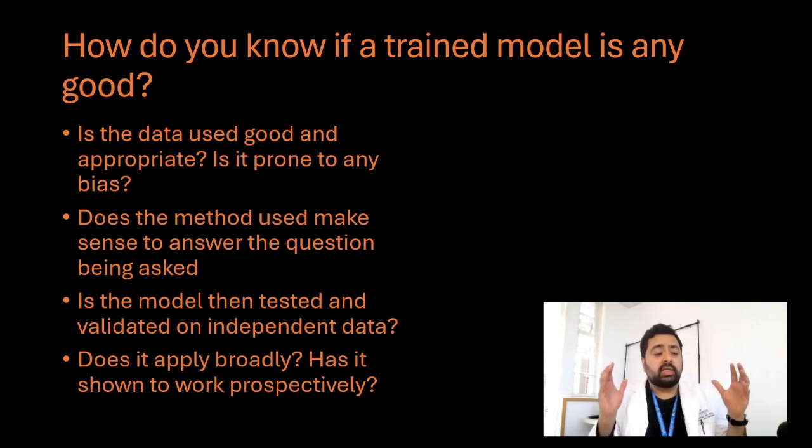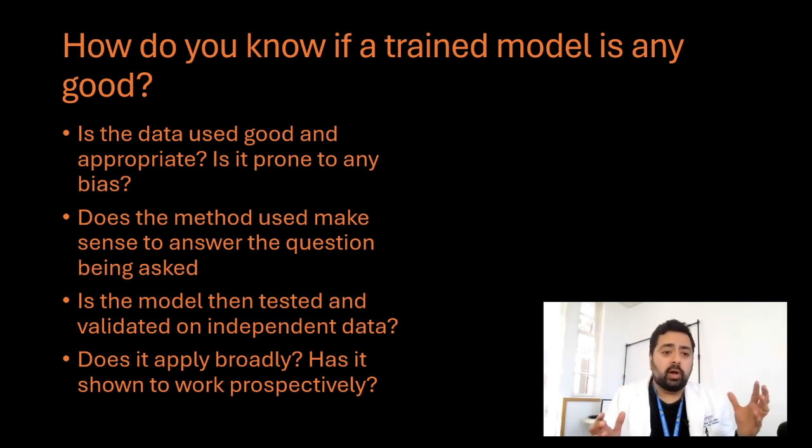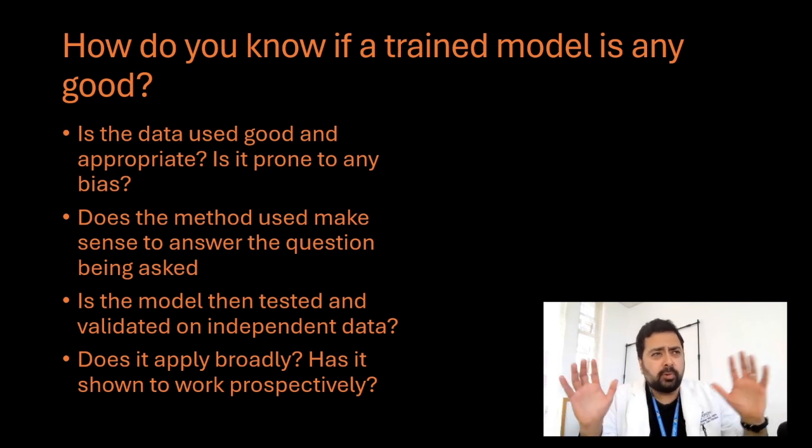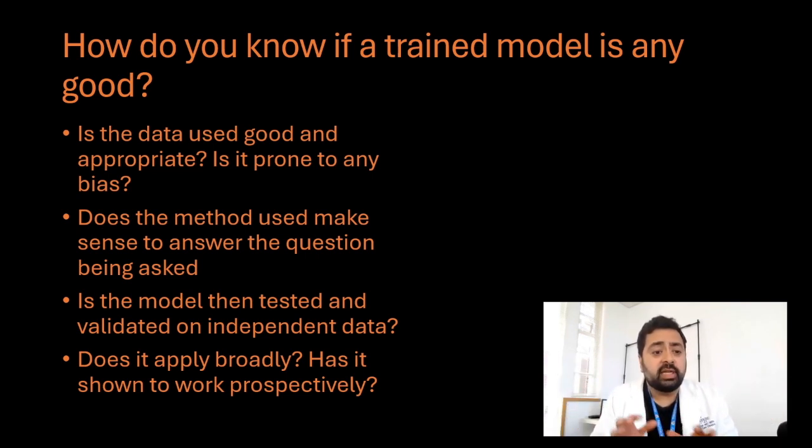But the next question is, you're really excited about this. We all are. How do you know if you're reading a paper or you're training a model? How do you know if it's any good? Well, there's some fundamental principles that go into determining whether or not you can trust what's coming out of these models, right? So first things first, in computer science, there's an old adage, garbage in, garbage out.